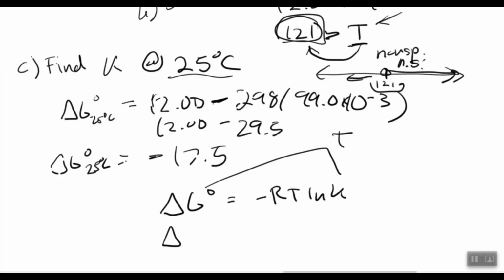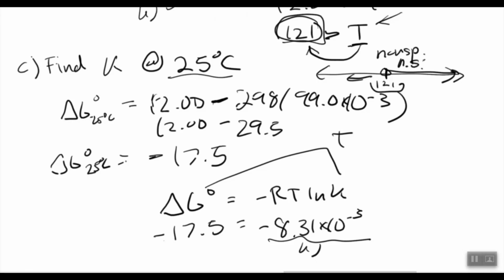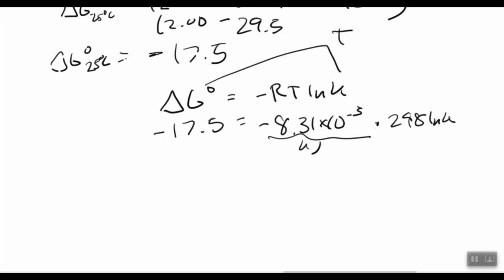So we know ΔG⁰ at 25 is going to be negative 17.5. Set it equal to negative 8.31 times 10 to the negative 3. And we use this number because we're doing kilojoules. T is 298, ln K. And all that's left to do is some algebra. Negative 17.5 divided by 8.31 times 10 to the negative 3, and we divide by 298.